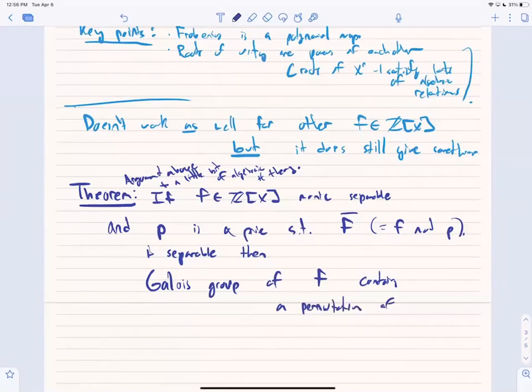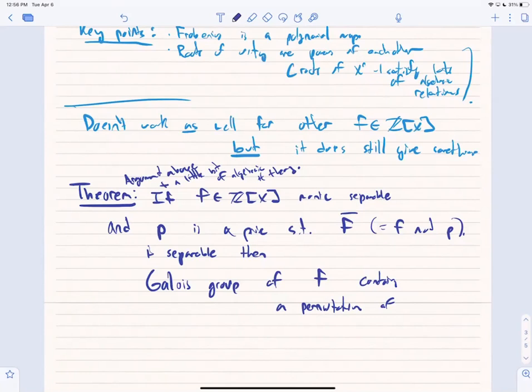So when you say the Galois group of a polynomial, what do you mean? You mean the Galois group of a splitting field, thought of as a subgroup of the permutation group on the roots of that polynomial.